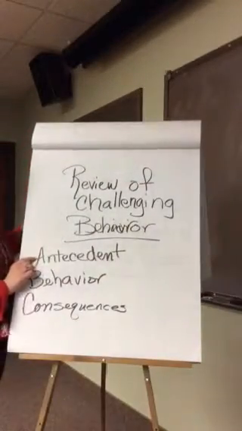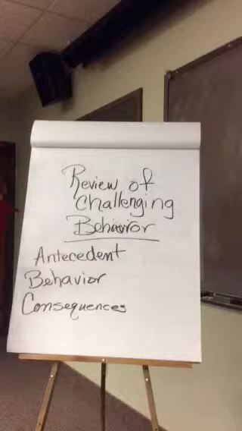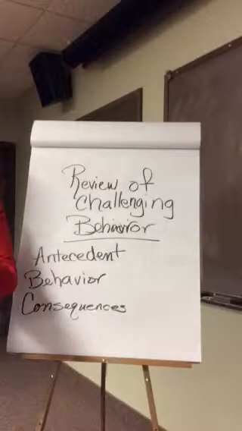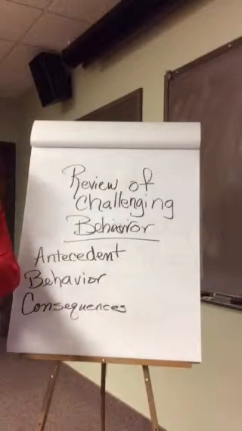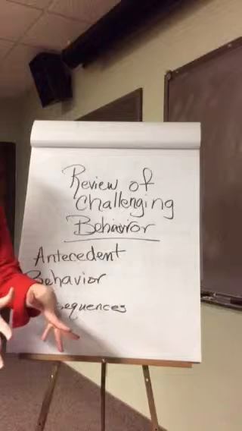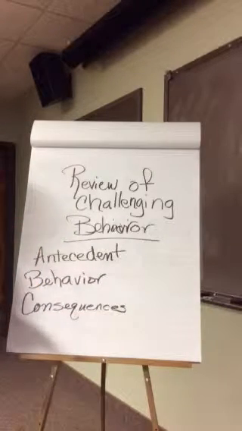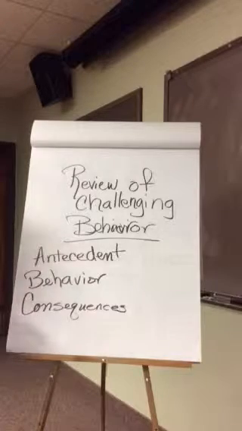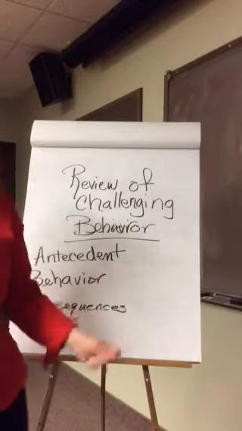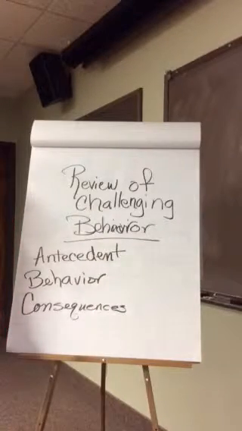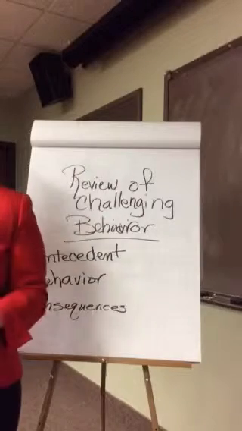All right, so review of challenging behavior. We need to know what an antecedent is. Okay, so an antecedent is the thing that comes before the behavior. Well, that's kind of simplistic, isn't it? So let's think. If a teacher just walks in and Johnny out there in the classroom just goes off, we cannot say, well, the teacher walked in.